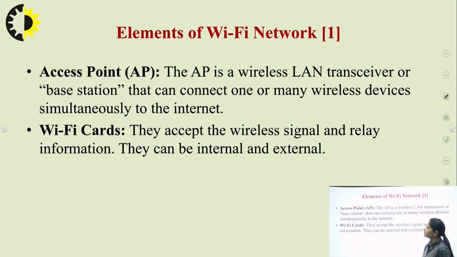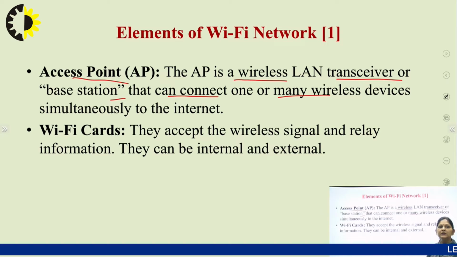Now, what are the various elements that come into picture in the case of Wi-Fi? These are access point. All of us are familiar with the term access point, or we can say a router. The access point is a wireless LAN transceiver or base station that can connect one or more wireless devices simultaneously to the internet.